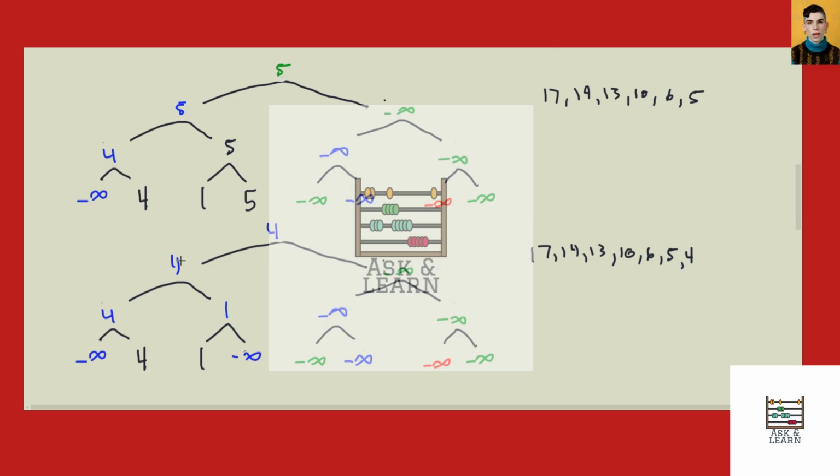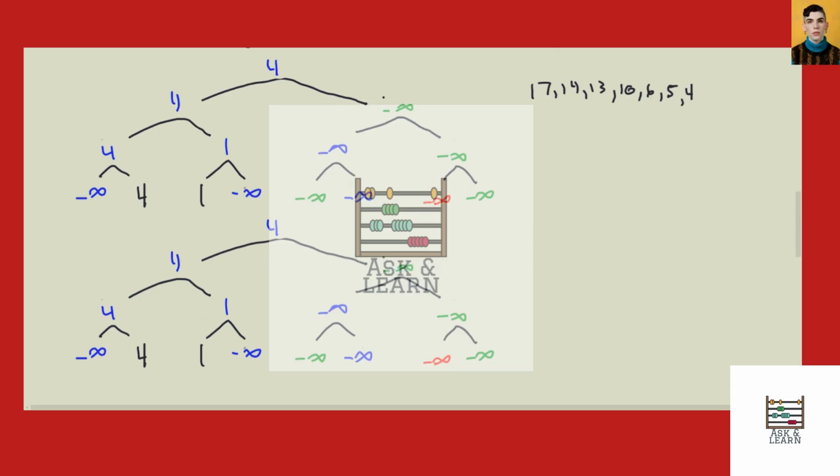And lastly, we'll do this with 4. We get rid of all those 4s and replace that with negative infinity. So again, negative infinity versus negative infinity, negative infinity moves up. Negative infinity versus 1, 1 moves up. 1 versus negative infinity, 1 moves up.